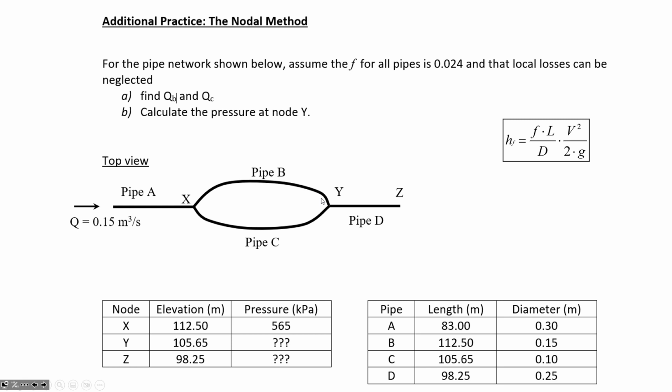And that's how we find the ratio of the velocities or the ratio of the flow rates. So what I'd like you to do is calculate the ratio of the velocities, and then you can use that along with the continuity equation. This is one of our big equations in a nodal method problem, the relating of the head losses through each route.